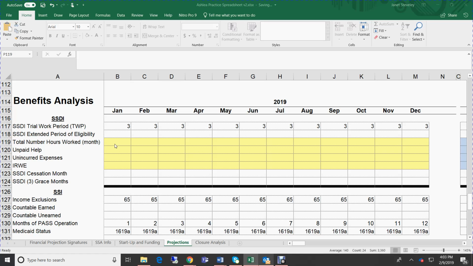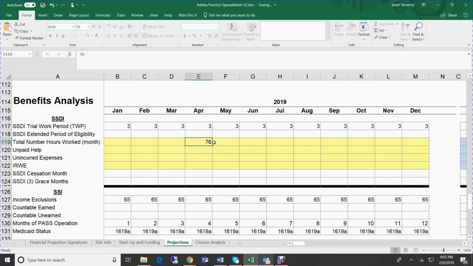So she projects that initially she's going to work about 76 hours per month. So I'm going to add this here in row 119, that starting in April, she'll work 76 hours a month.